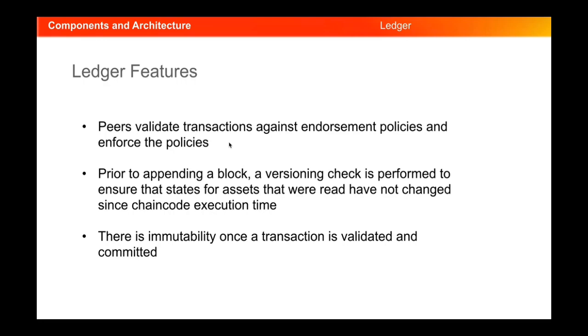Prior to appending a block, a versioning check is performed to ensure that the states of the assets that were read have not changed since chaincode execution time. There is immutability once the transaction is validated and committed to the blockchain.